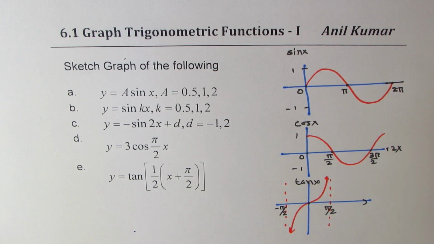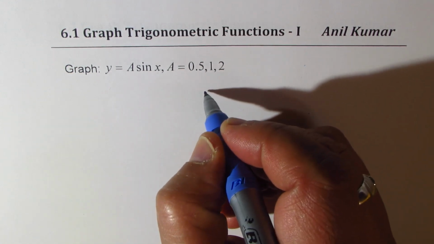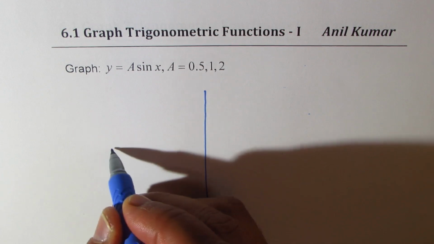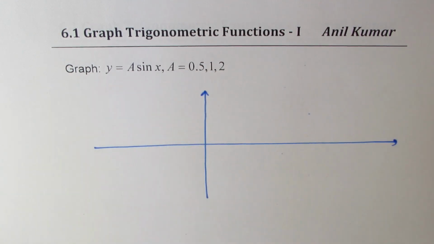Now let's begin with the transformation and understand how to sketch these transformed functions. So first one, let's take up sine x, right? So I'll sketch a slightly bigger graph here for clarity. And we are only sketching one sine wave.